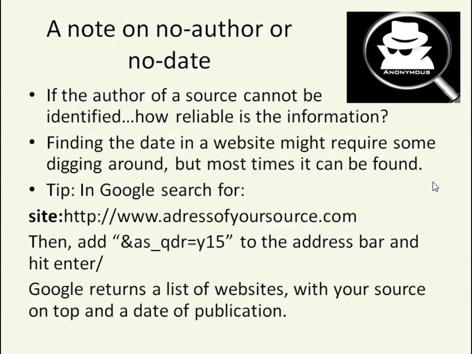Maybe there's not a particular person, but it's on the website of a given organization. If you don't have either one of those, then I wouldn't consider that to be reliable enough information to include in your work, right? Because who knows who put that out there.